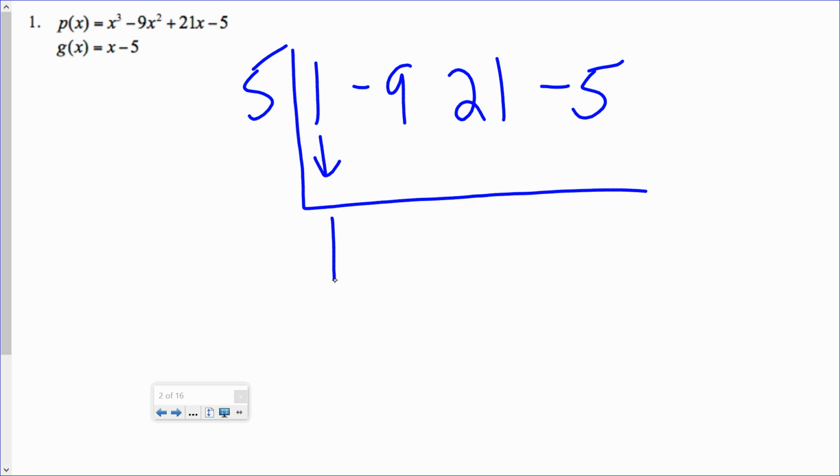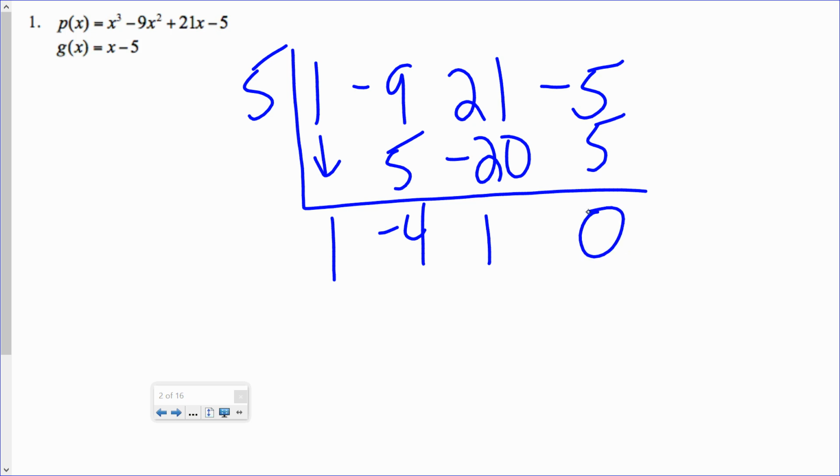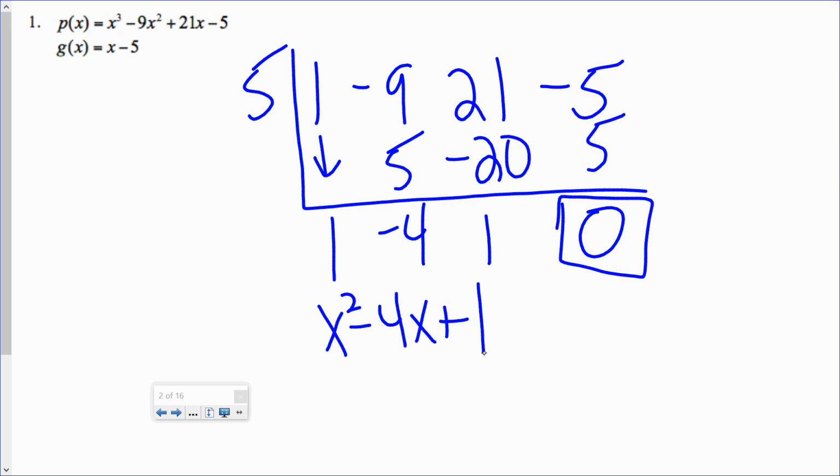Bring down the first one, multiply, add. Multiply, add, multiply, add. So my remainder is 0. I know that my quotient is x squared minus 4x plus 1, but I'm not asking for that. All I'm asking for is the remainder, which in this case is 0.